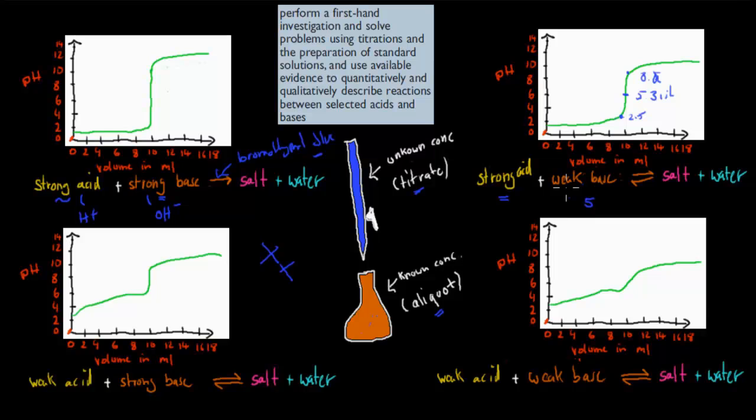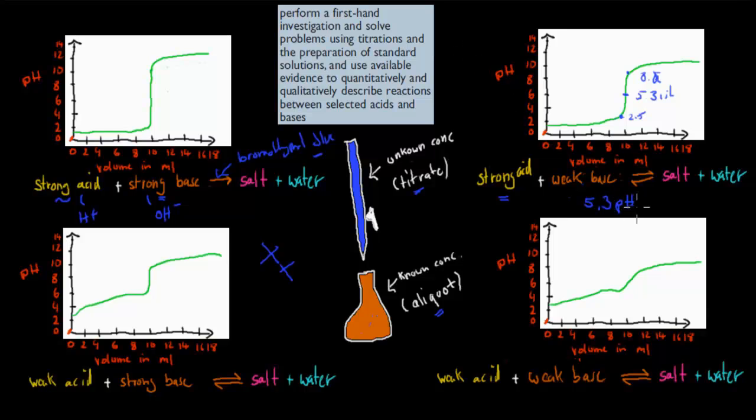Even when they're both completely neutralized, we will still have some hydronium ions left in our solution, so our pH will be lower. I'll put up a link here, so you can watch it if you are a bit confused about neutral, acidic, and basic salts. You need to know that for this video.